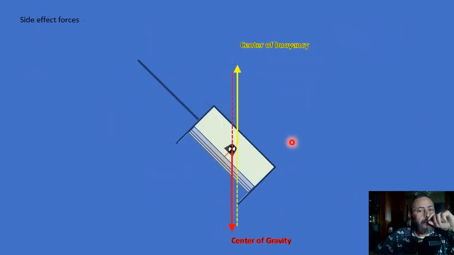There's a component of the weight that expanded the cylinder or the piston a little bit, and that made the center of gravity shift from the center of buoyancy. It went in that direction, and that's why they're not on the same line anymore, and that creates torque.